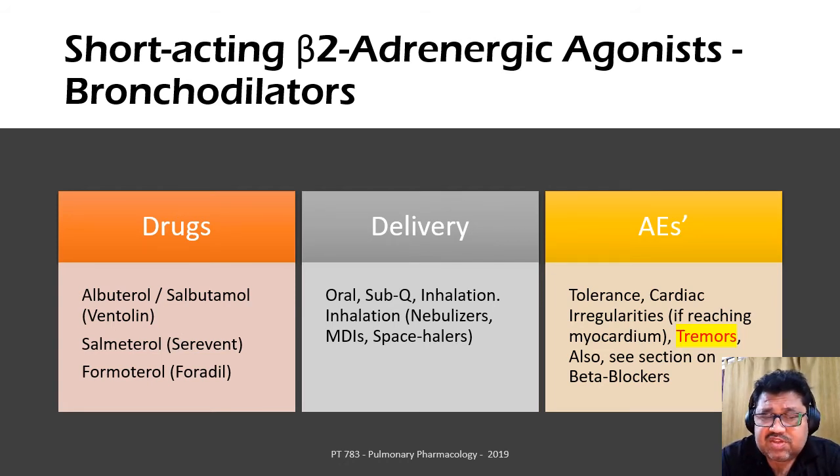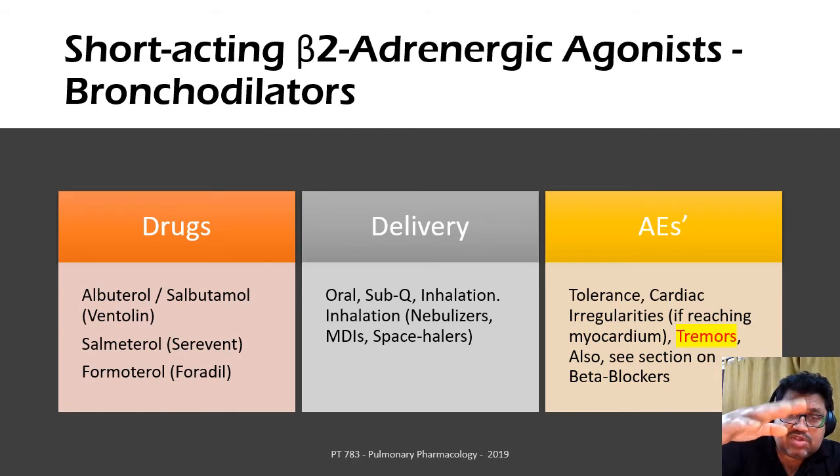The adverse effects of short-acting beta-2 adrenergic agonists are tolerance, which means that over time you need more and more drug dosage to achieve the same effect. It may induce cardiac abnormality if the drug is systemically absorbed and reaches the bloodstream. Long-term use of bronchodilators is very notable for development of a very fine tremor.